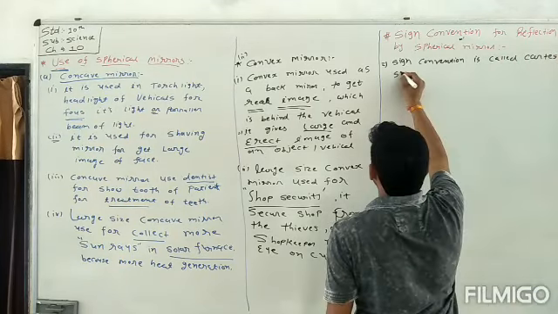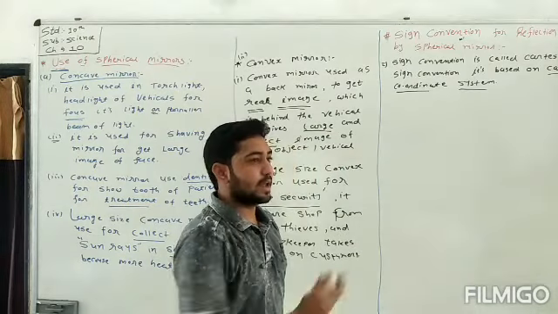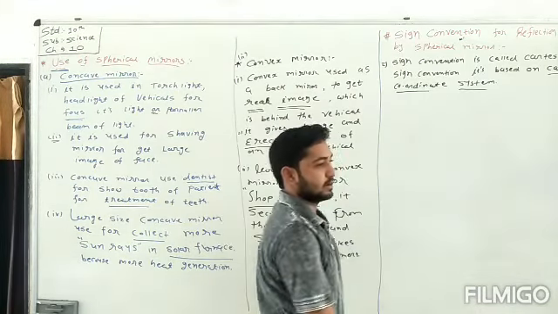It's totally based on Cartesian coordinate system. How to give the sign, like plus sign, minus sign?